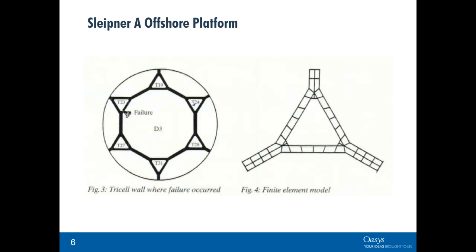But the structure collapsed, broke up during the towing operation at a mere 65 meters head of water, which is way below the design requirements. It cost $700 million to replace in mid 1990s prices.